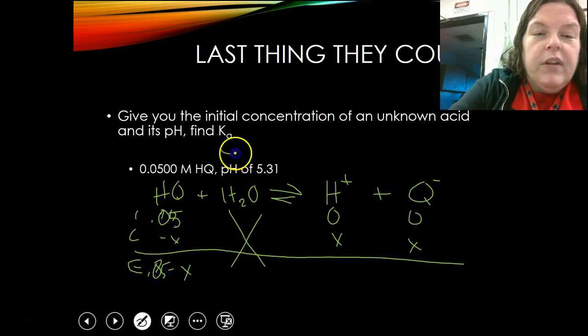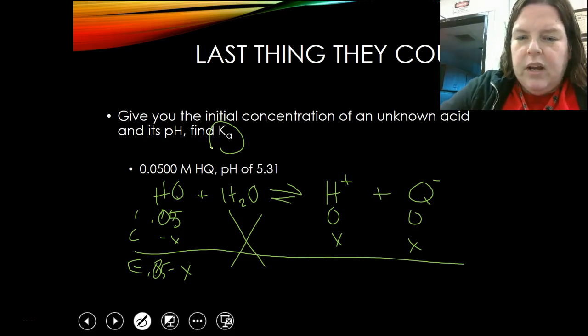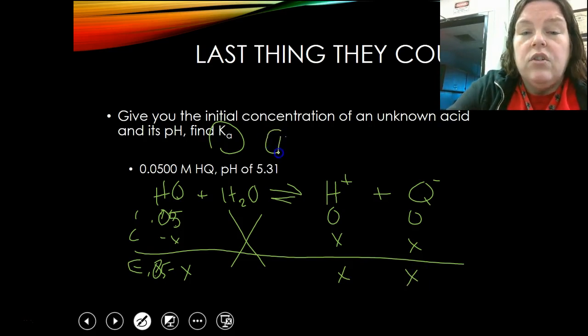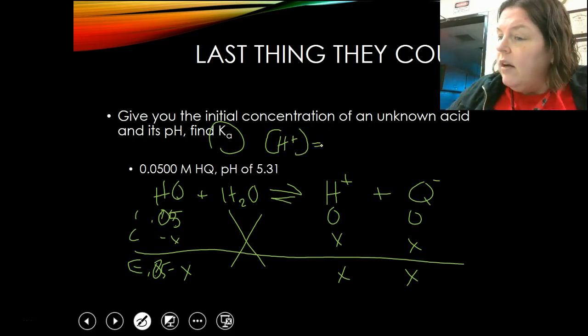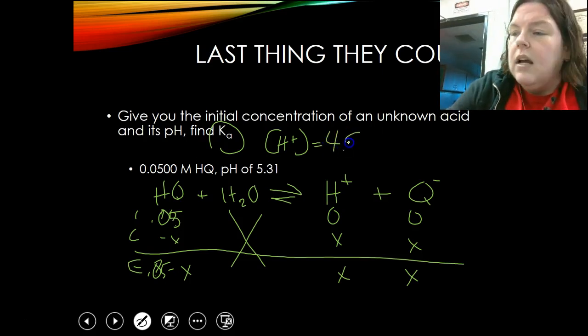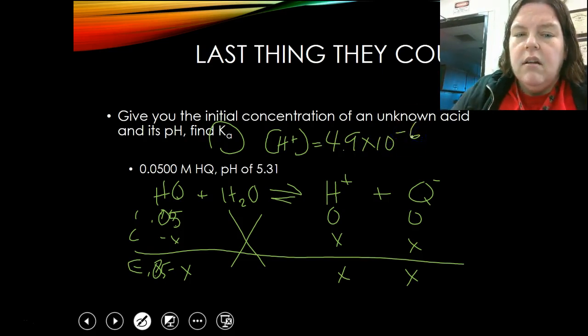What I'm looking for is the Ka, okay? So I've got that, but I also have the pH, okay? So what does the pH tell me? The pH tells me the concentration of H. So the concentration of H, right, I did this one already, is going to be 4.9 times 10 to the negative 6th, okay?